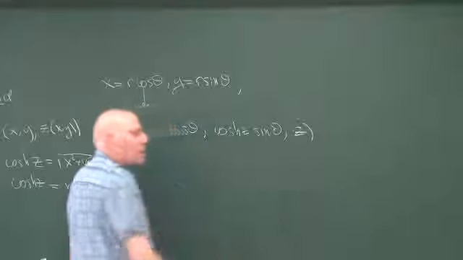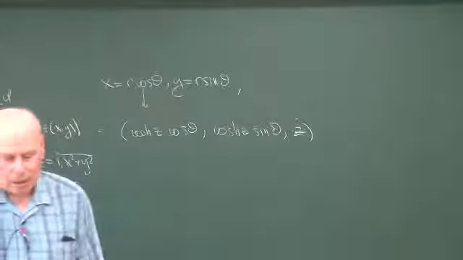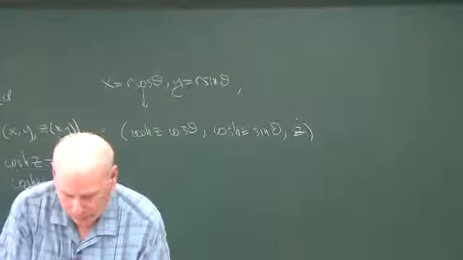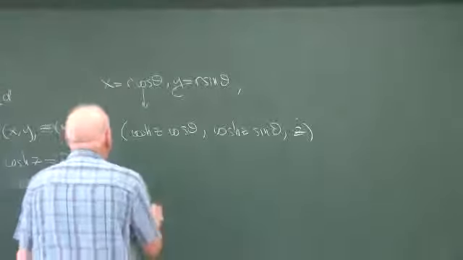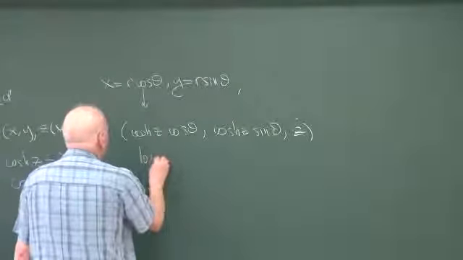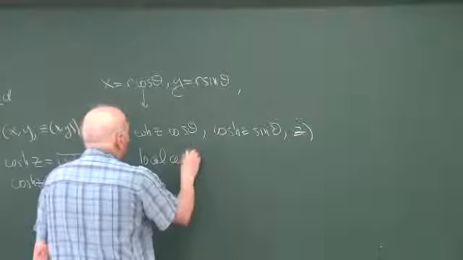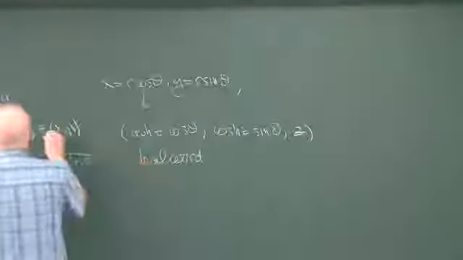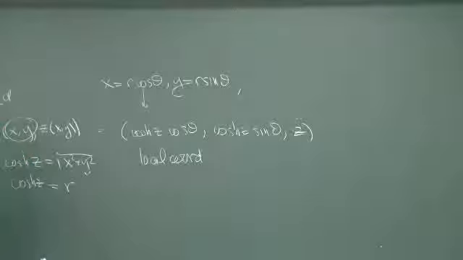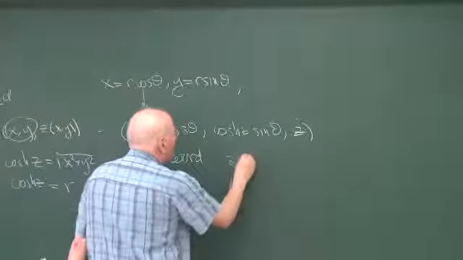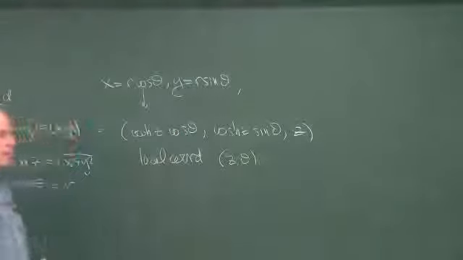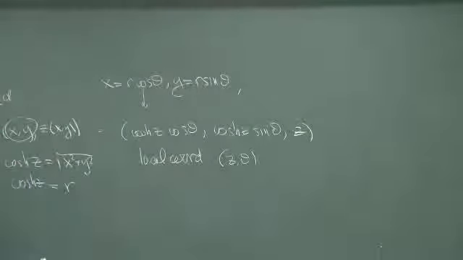And z is z. So that's the catenoid in local coordinates, which before were x and y, and now are z and theta. So that makes the computation comparatively easy.